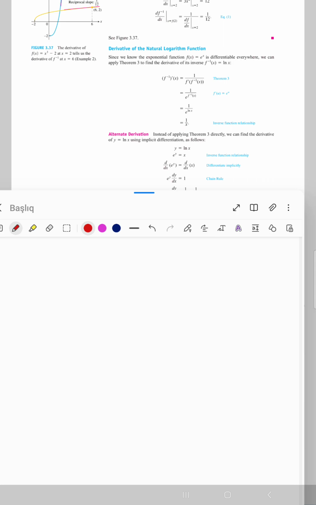Why is it related to inverse functions? I mean, why do you cover this topic after the derivative of inverse functions? Because we know that if we take f(x) as e to the power of x, the inverse of f(x) is ln x.